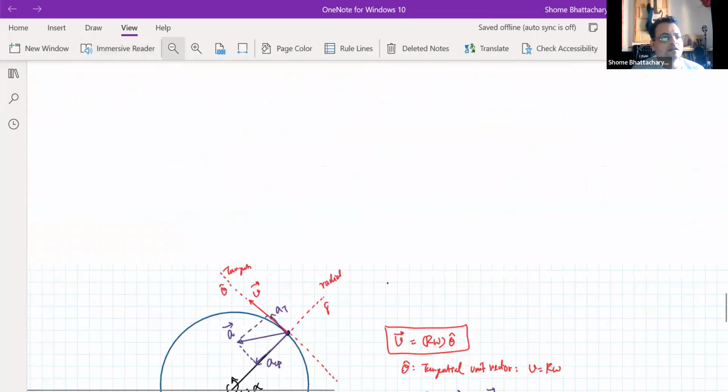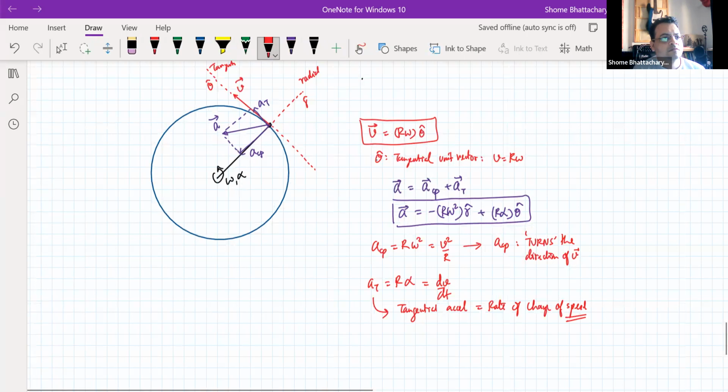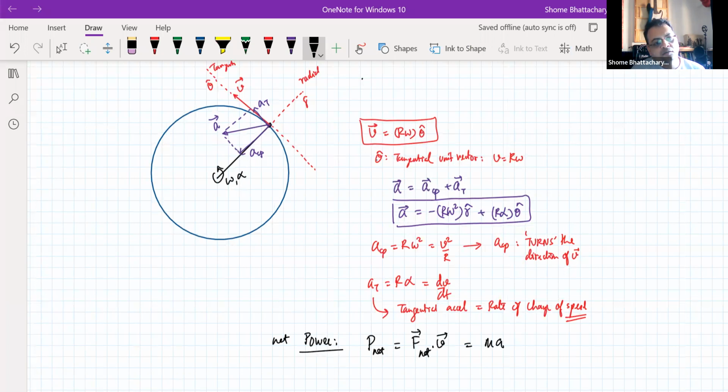So hence now if you look at net power, the net power delivered by the net force, one way to understand it is this. If you see the velocity vector and acceleration vector, it becomes like this, okay? Because r cap dot theta cap is 0.